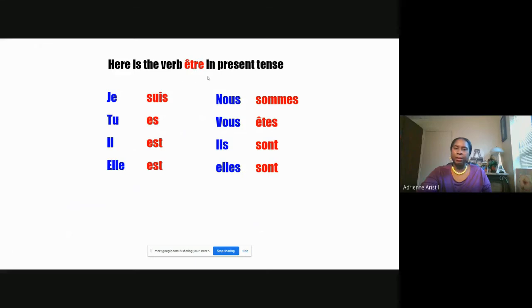Here's the verb être in the present tense, accompanied with the subject pronouns, of course. Je suis, tu es, il est, elle est, nous sommes, vous êtes, ils sont, elles sont.